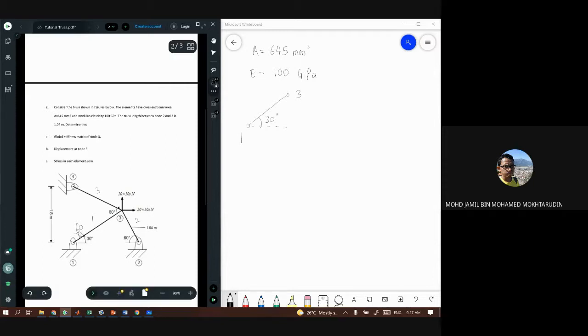So it's a no-brainer, it's 60, 60. Then the remaining degree is also 60 degree. So it is an equilateral triangle. So the length is 1.8 on one side, meaning that the other side is also 1.8 meter. So the length here is 1.8 meter. Now we look at the second element.